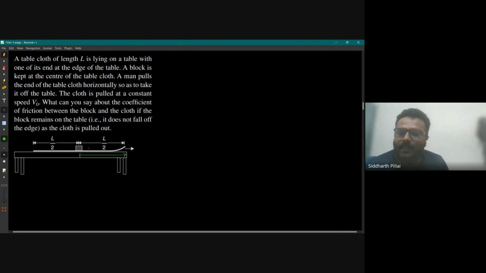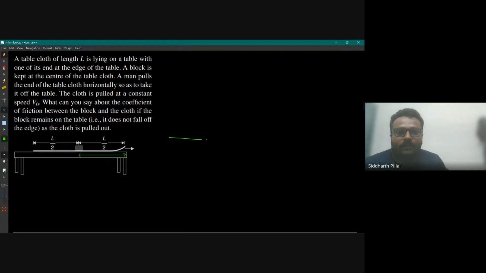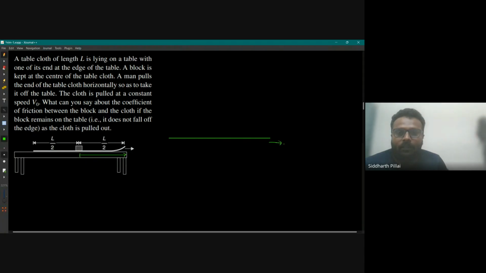Initially, the block is at rest, and the cloth is moving, right? So we can look at it in a different frame. Let's go to the cloth's frame of reference. In the frame of the cloth, it remains at rest and the block will appear to move in the opposite direction.